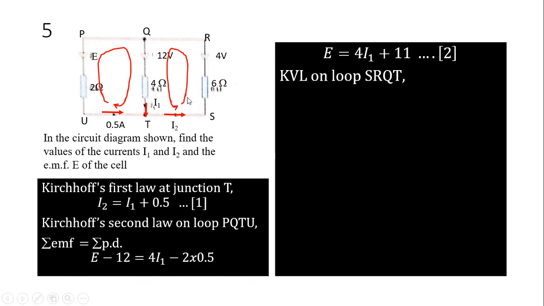You know why it's anti-clockwise? This way. I start from 4, I choose the direction from 4. You can choose clockwise if you want to, but I'm choosing anti-clockwise. So you must be able to write the equation.